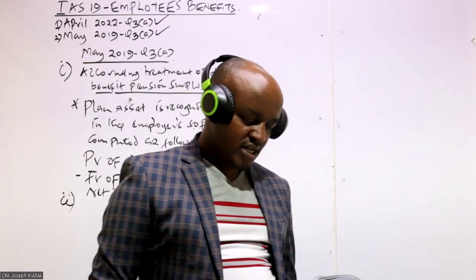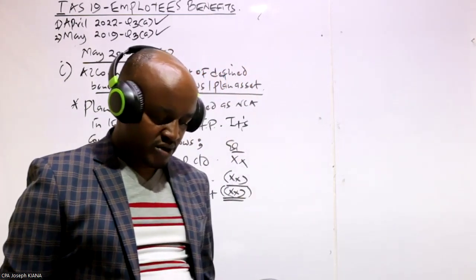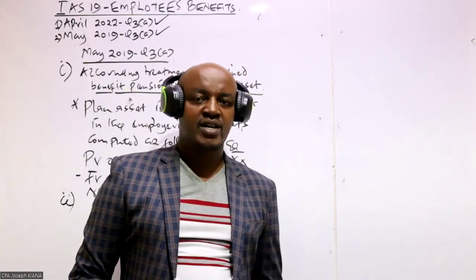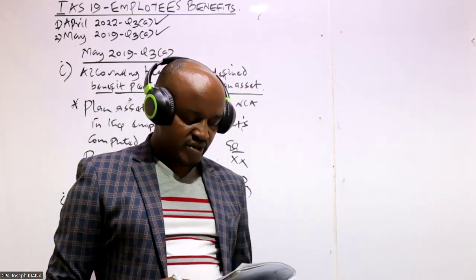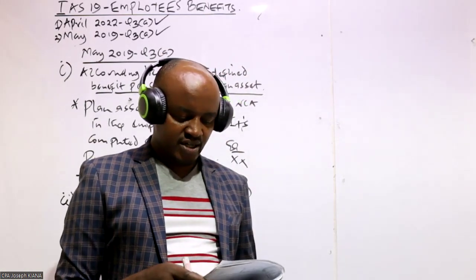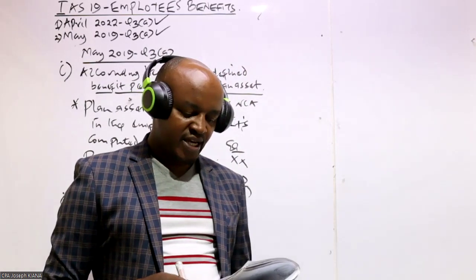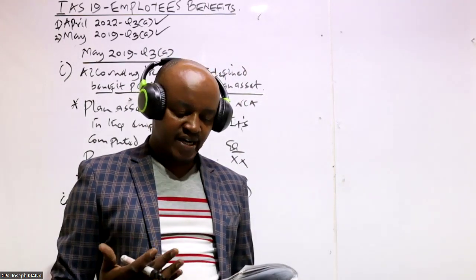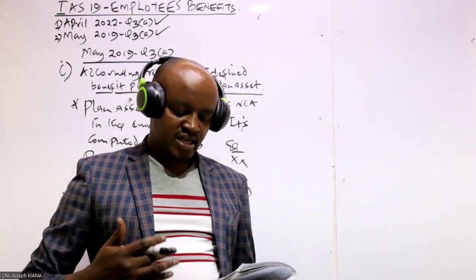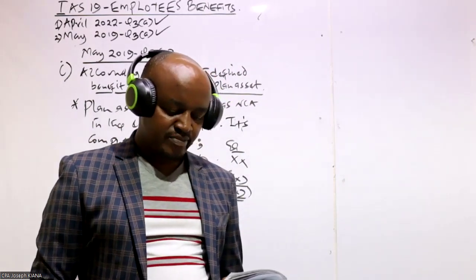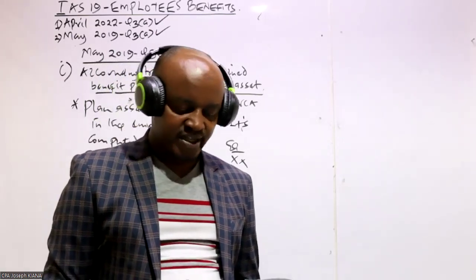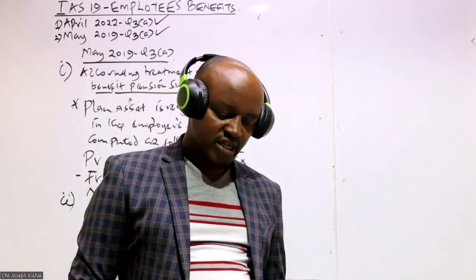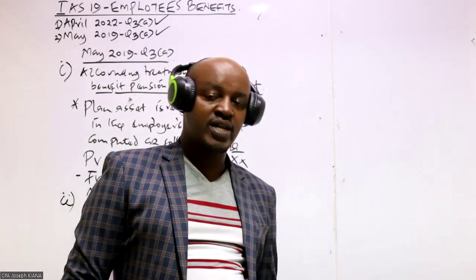Additional information, interest cost, that is the gross yield on blue chip corporate bonds, is 5%. And then number 2, we are told that on 1st January 2018, that is now the start of the current year, the pension plan was amended to provide for enhanced benefit with effect from that date. The present value of the enhanced benefits as at 1st January 2018 was calculated by actuaries as 110 million.